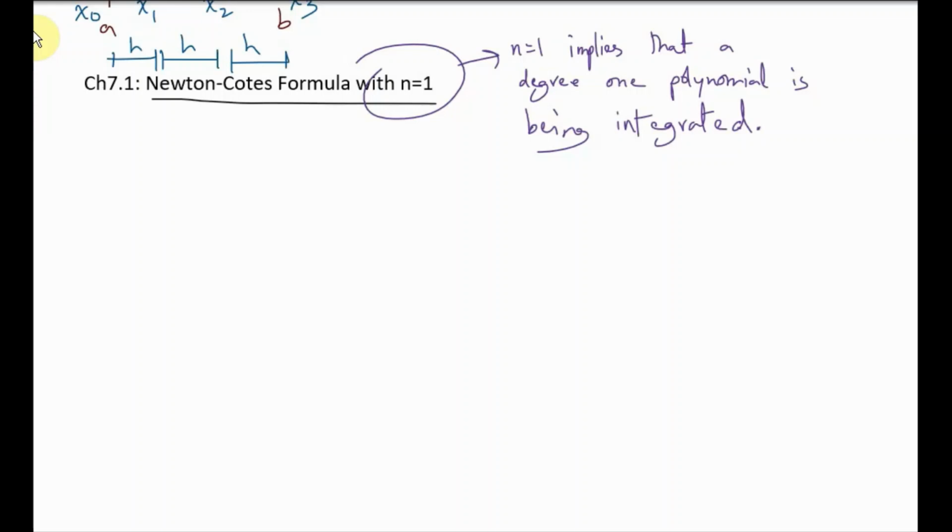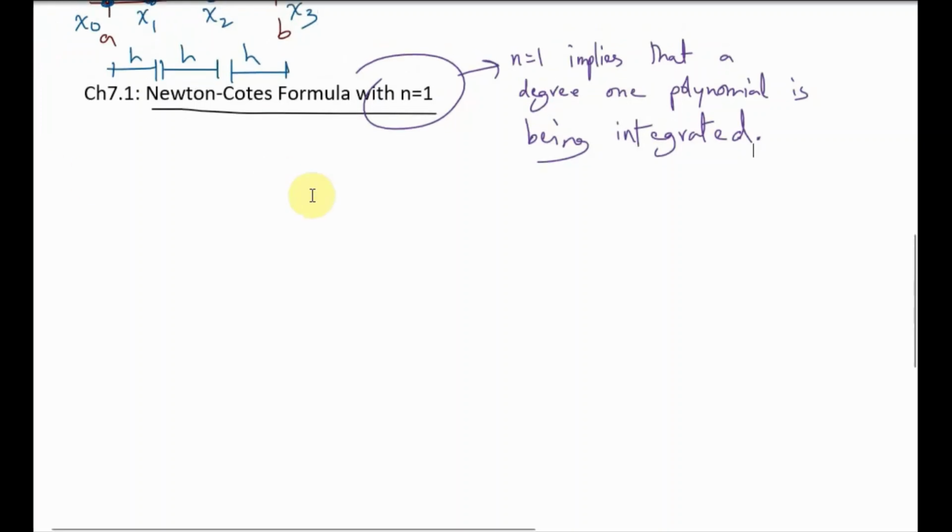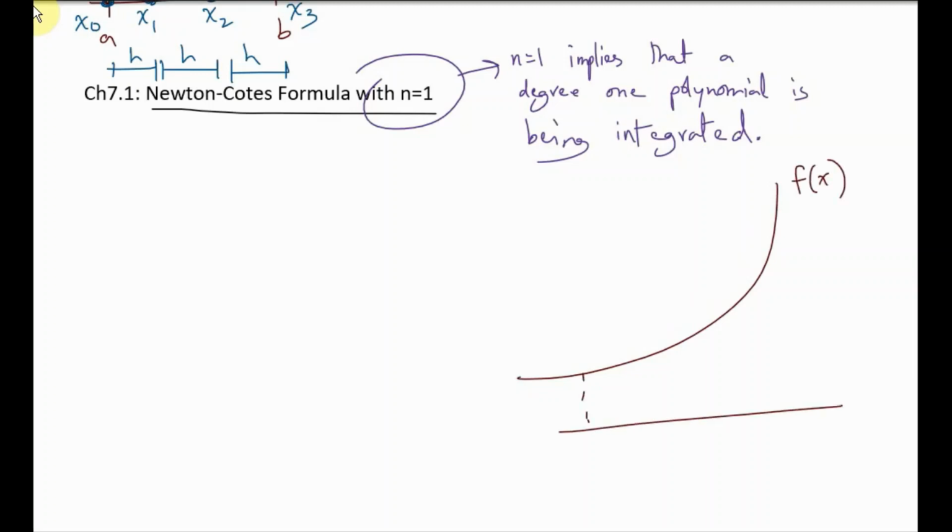We perform integration on a degree 1 polynomial. Now the idea is that we have some function here called f of x, and we want to find the integral over a b.